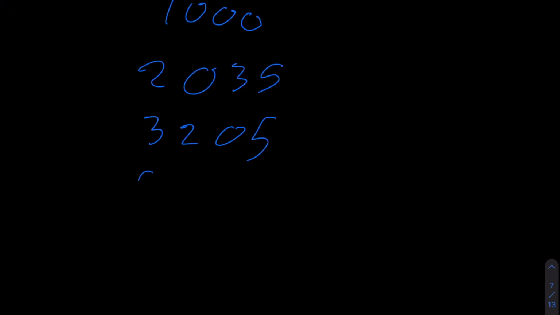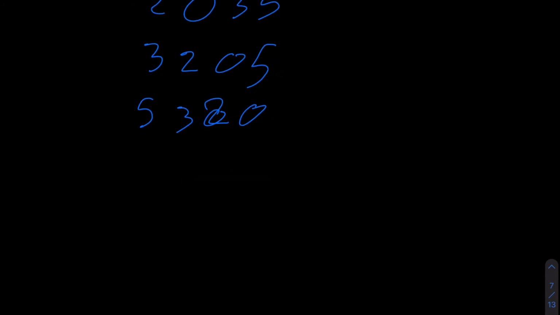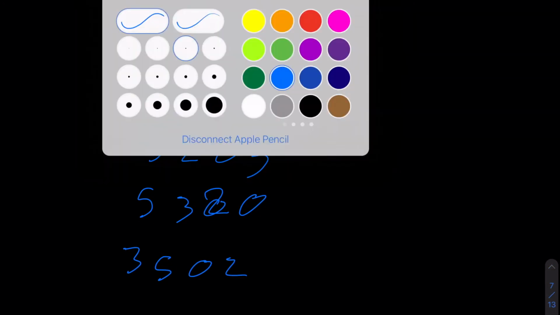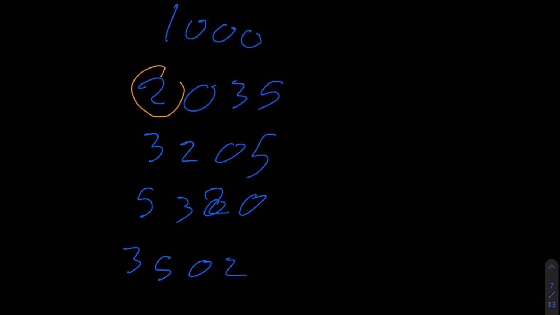Or we can have 5, 3, 2, and 0, right? Or we can have 3, 5, 0, and 2. What is the pattern that you notice here? So 2 is in the first position, then the second position, third position, then fourth position.